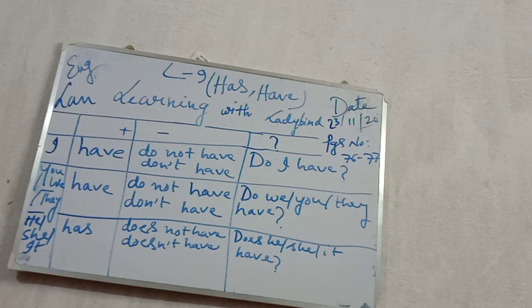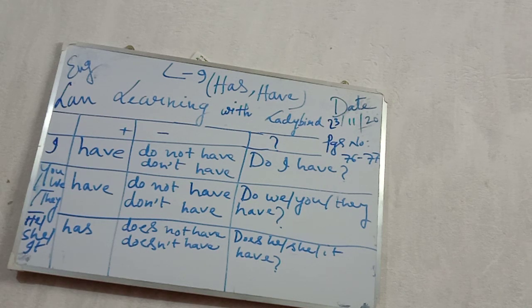Now see, a lot of examples are given in our book, and we will read them and try to understand them, and we will provide other examples also. In this chart we have learnt the rules, the structure of using has and have with specific pronouns for affirmative sentences, negative sentences, and for making questions.